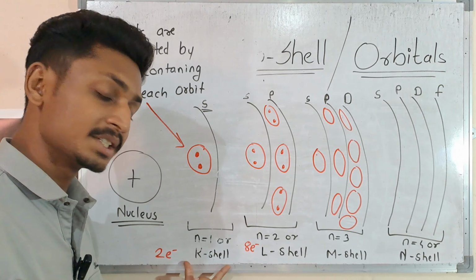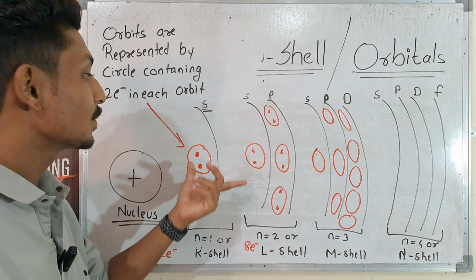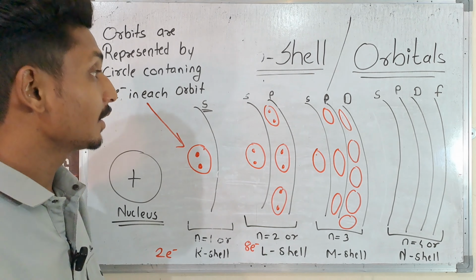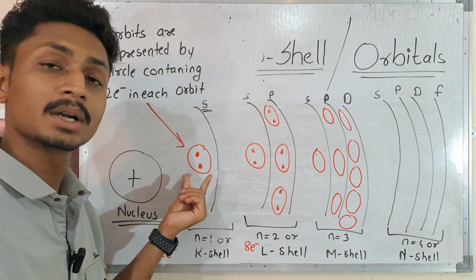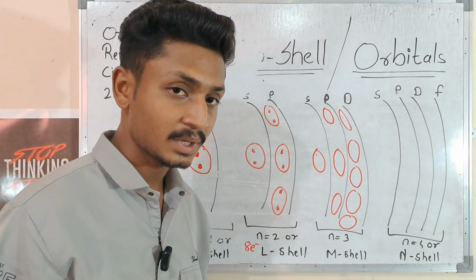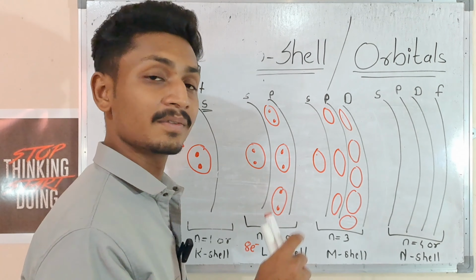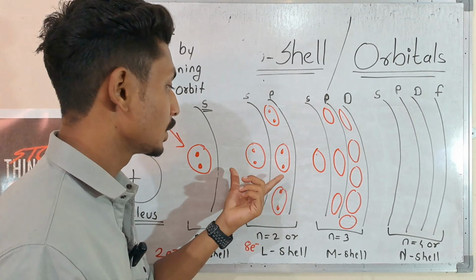See, the K shell or energy level 1 has one subshell, and that subshell has one orbit. Then the L shell contains two subshells, namely S and P, where S has one orbit and P has three orbits.